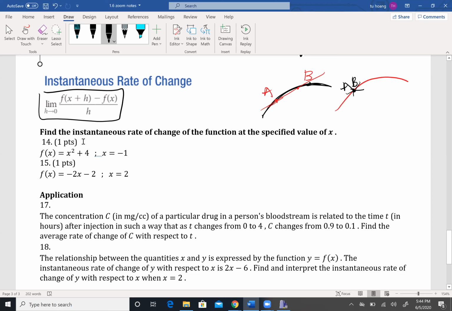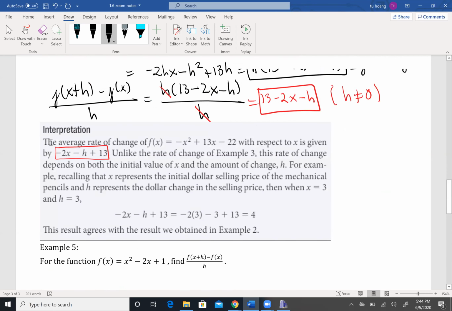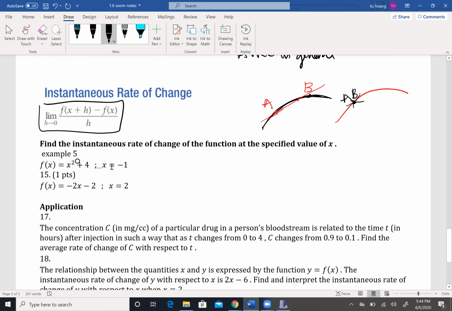Okay, so now let's apply that. Number four, I should change this to example. What's the example here? Example 5. Let's say here is example 5, and here is example 4.